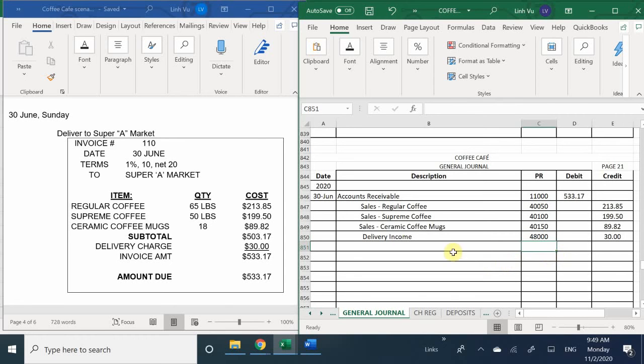Good. And then in parentheses, let me go back to the scenario. We're gonna put Super A Market, invoice 110, and 1% 10 net 20.